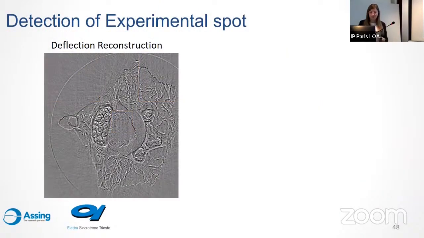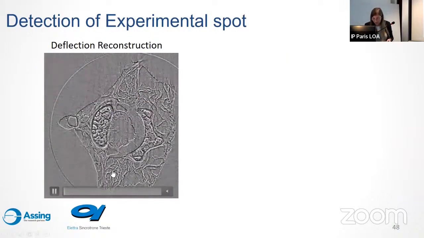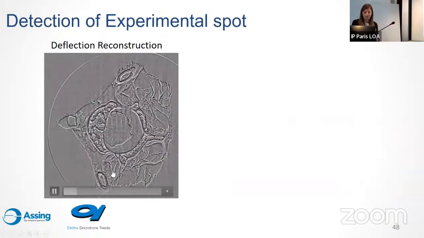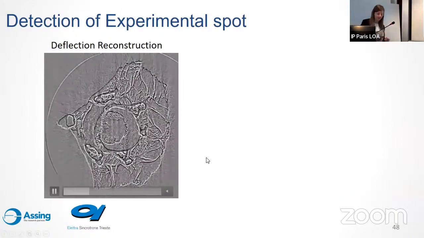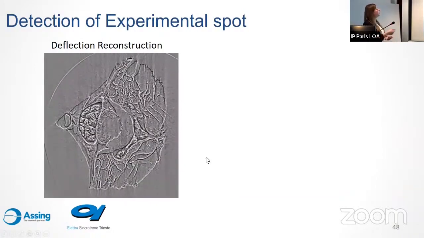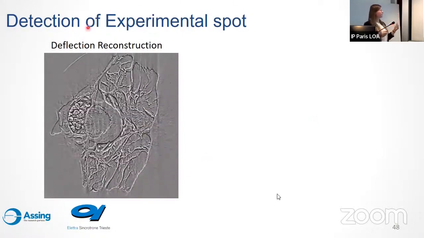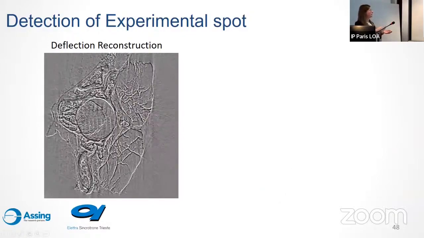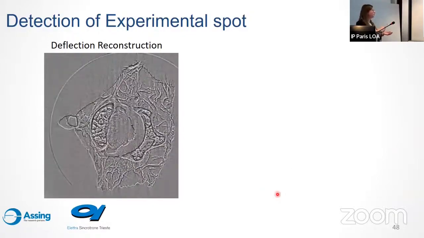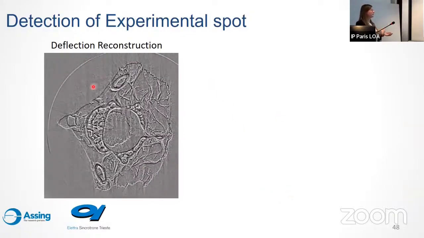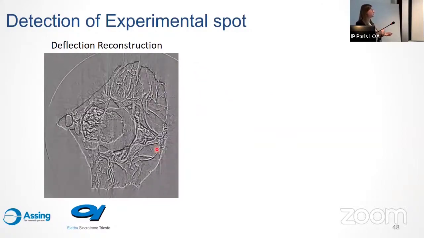Finally, we applied our algorithm on a mouse backbone with a different algorithm. This is an example of the volume that we reconstruct in deflection. So here you can see the bone and the ribs inside, the spinal cord, all surrounding.